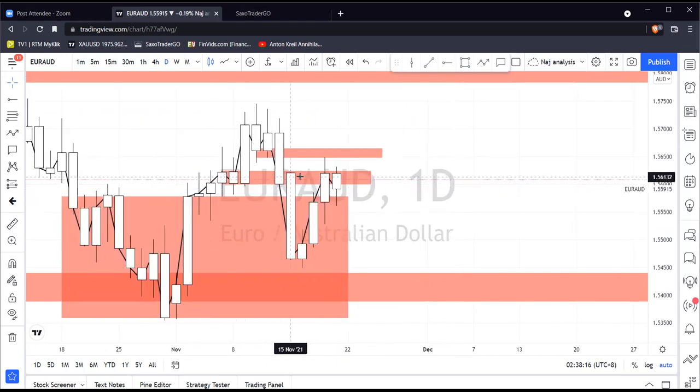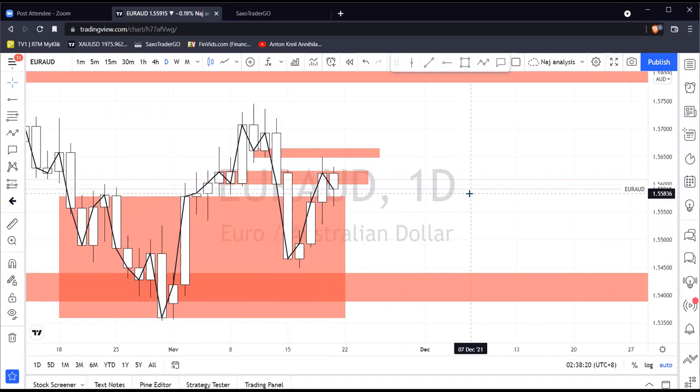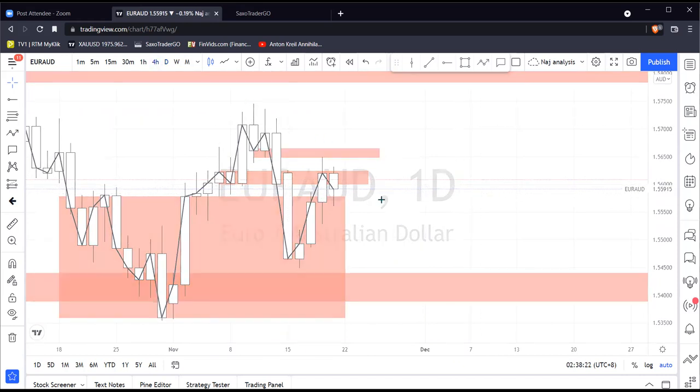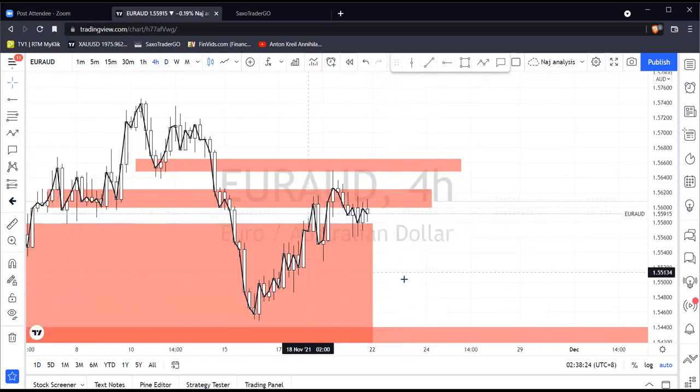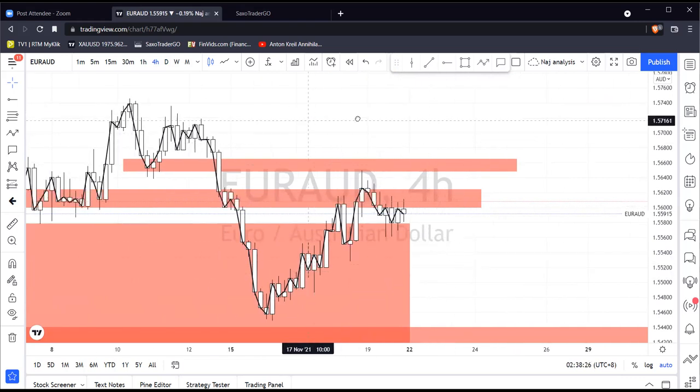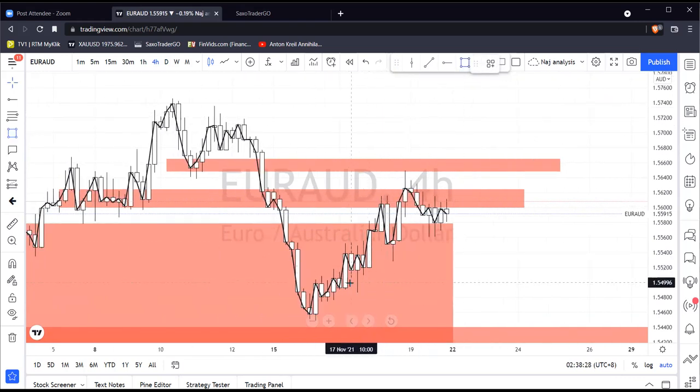So daily breakout, what's the retracement? 4 hours, correct. Okay, do we see any retracement here? Tell me, guys. Yes, so there's a retracement here.